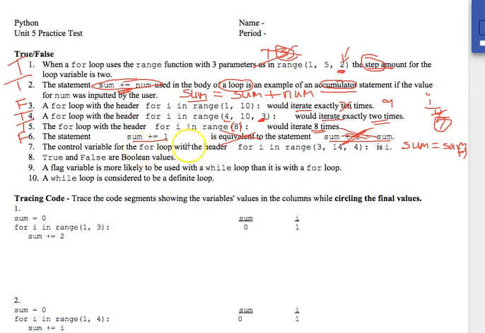Number 7 in the true-false section here, yes, true. The variable name that we use there is called the control variable. Sometimes we call it the loop variable as well. In this Python course, I always use the letter I as a variable name when writing for loops.